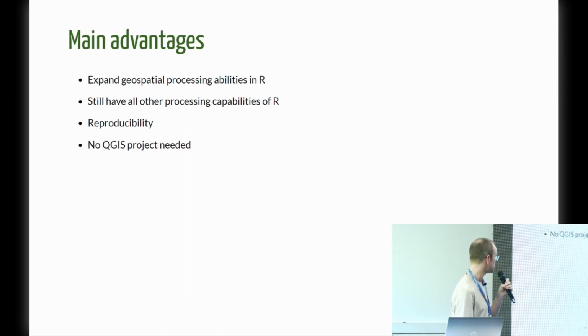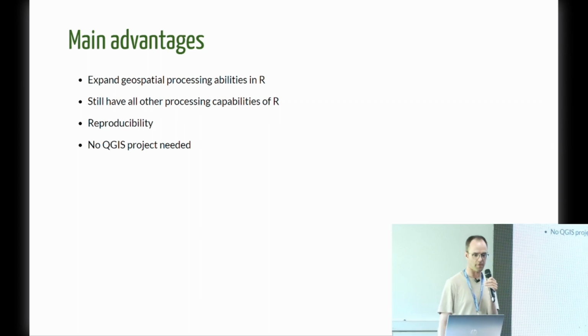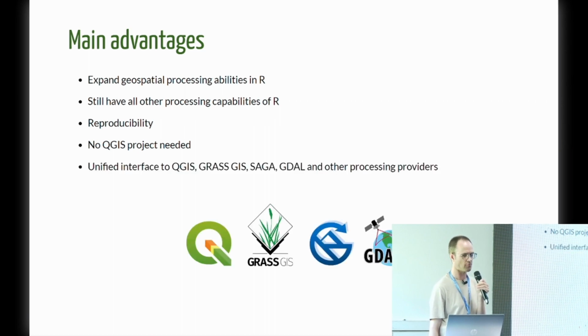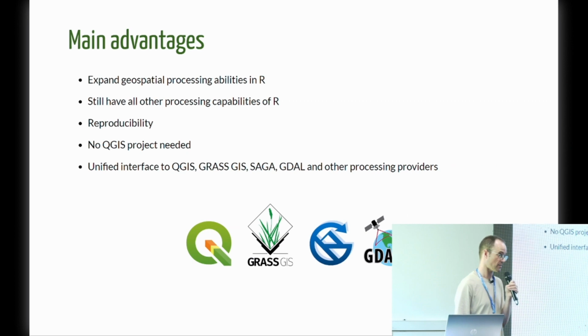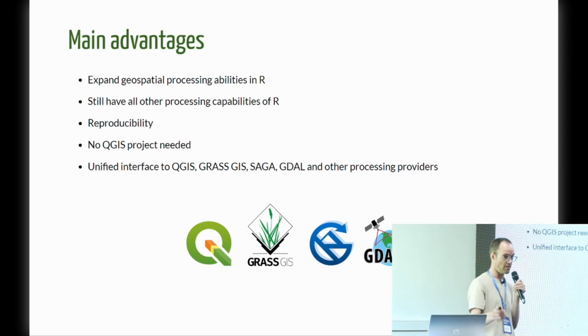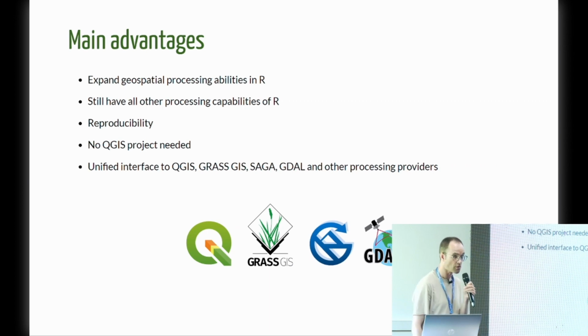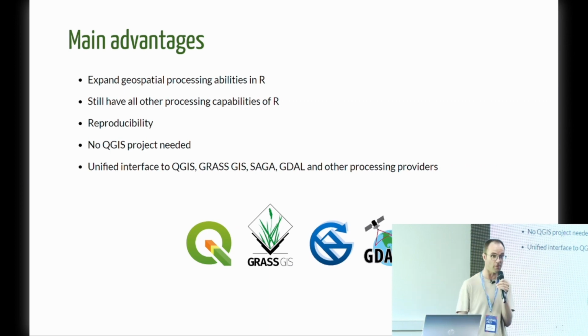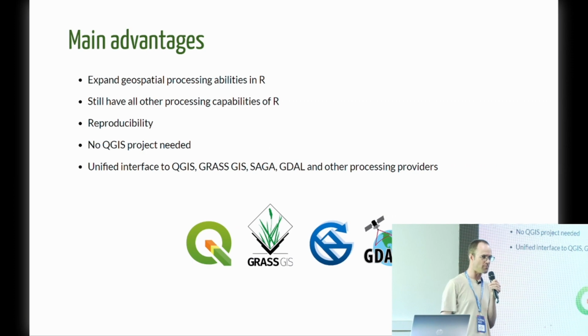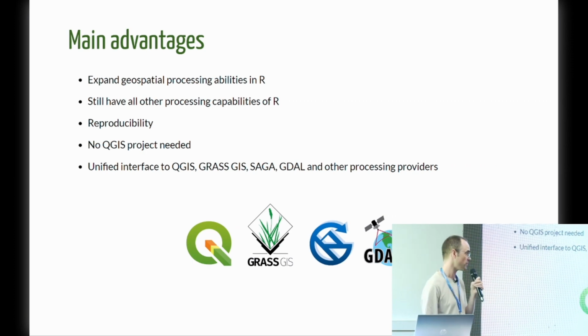You don't even need to create a QGIS project to use this. So it's really aimed at the processing capabilities and the processing algorithms. Moreover, since QGIS has access to many other backends like GRASS GIS, SAGA, GDAL, but I could have added several more like Whitebox Tools, PCRaster and Orfeo Toolbox, etc. There are many, many plugins available to do specific processing.